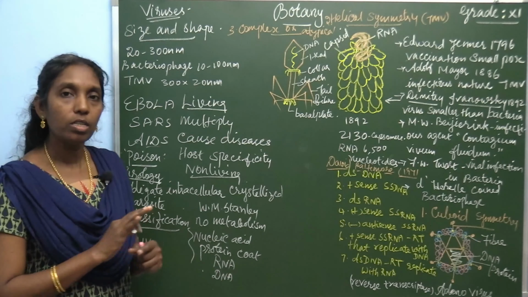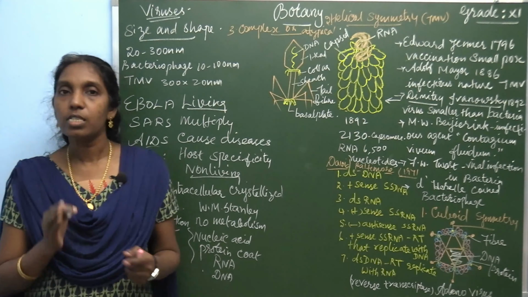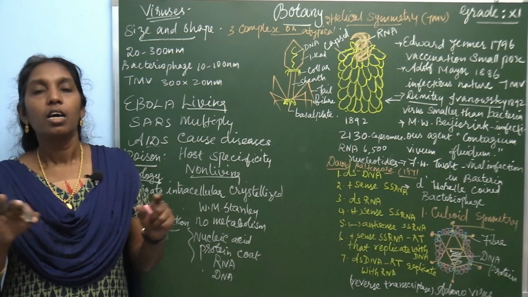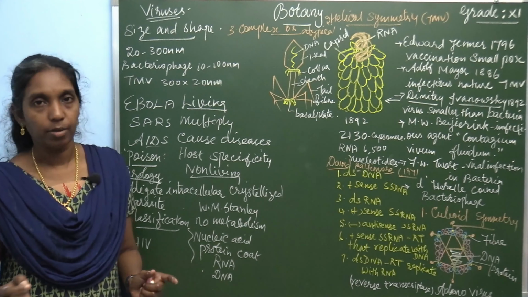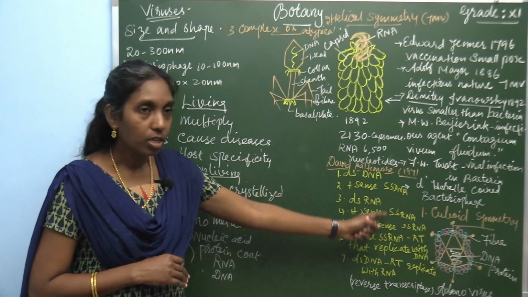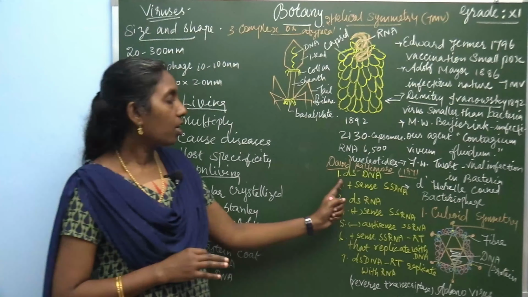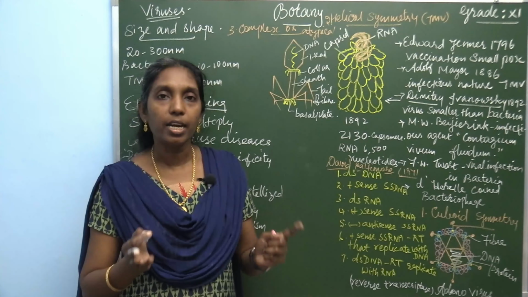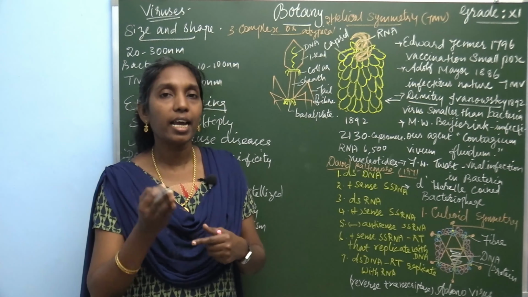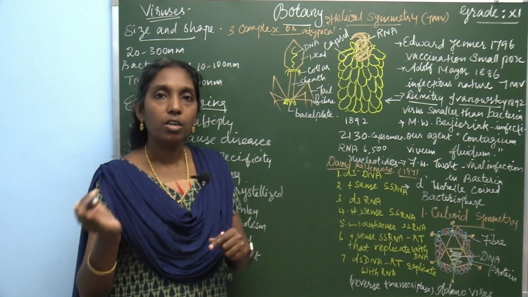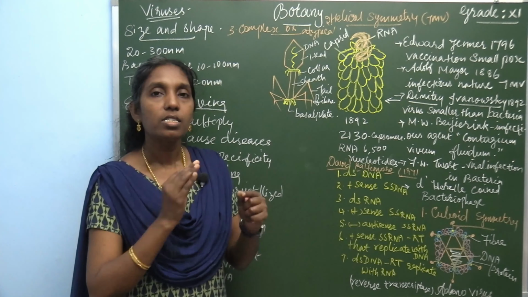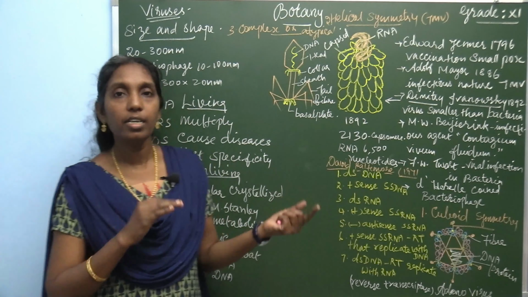Most commonly, all the plant viruses possess RNA as the genetic material, and animal viruses possess DNA as the genetic material. And as you learned in the classification, there are different types of DNA and RNA based on strand, either double strand or single strand: single strand RNA, double strand RNA, single strand DNA, double stranded DNA.